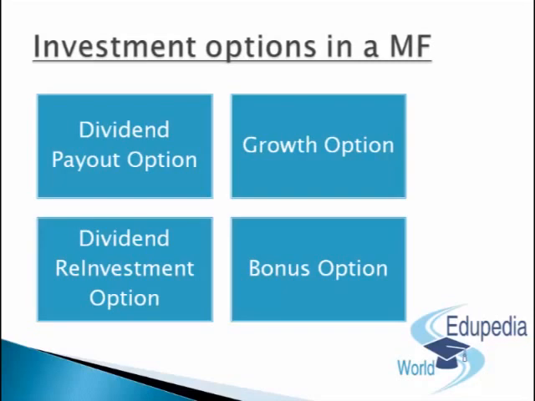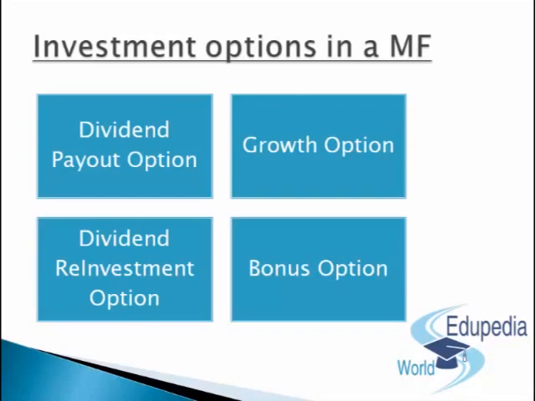What is the growth option? If the growth option is chosen, the returns earned by the fund are retained and reflected as an appreciation in the fund's net asset value. So basically, here you won't get any return in terms of dividend. Whatever returns the mutual fund company earns are retained and reflected as an appreciation in the fund's net asset value, and they keep on growing.